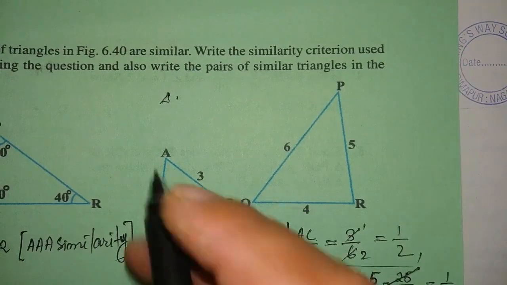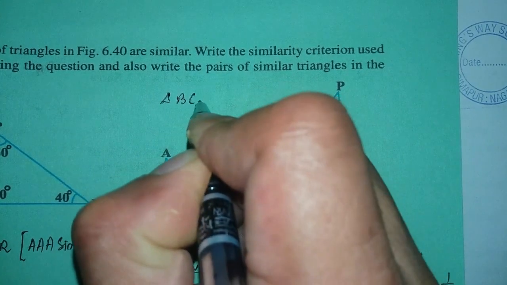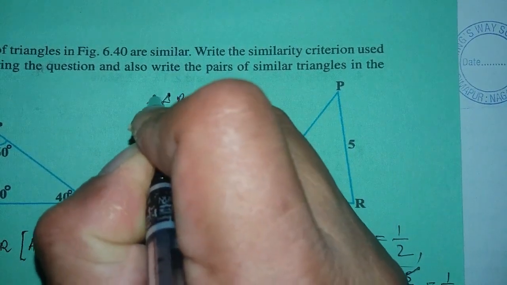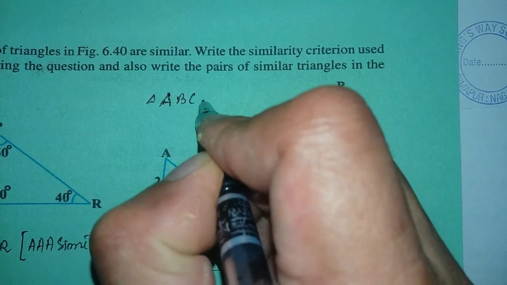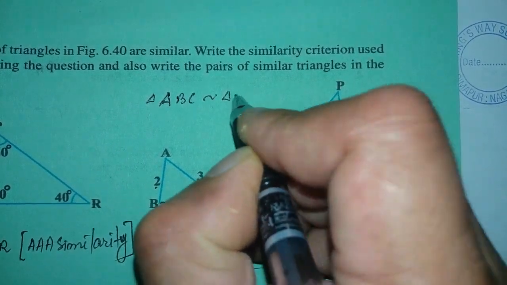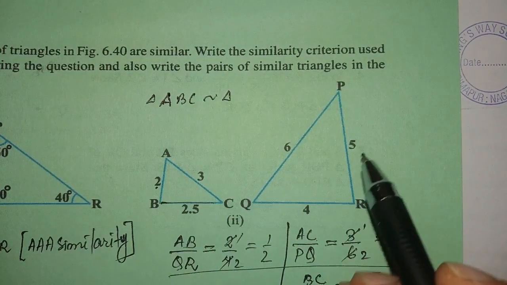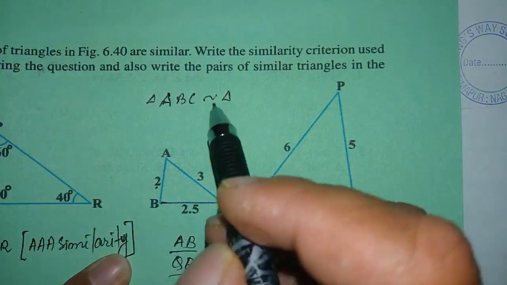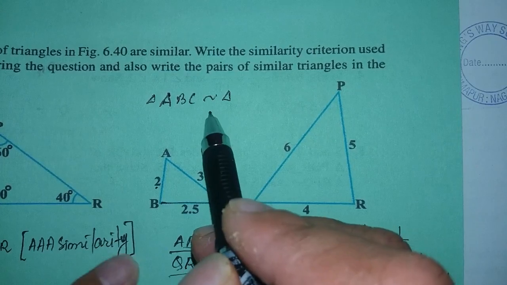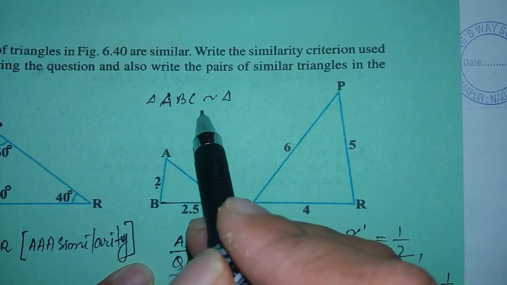So here we will write triangle ABC is similar to triangle... Here you have to be very careful when you name the similar triangles.